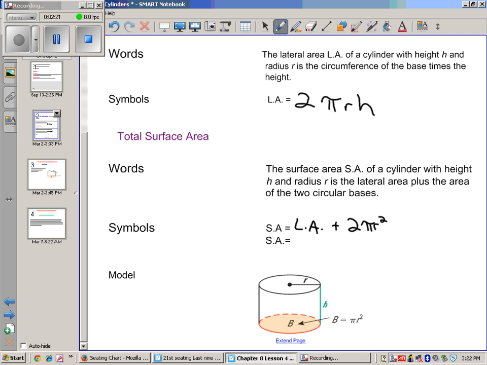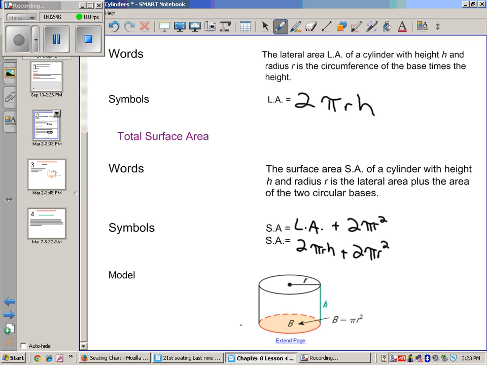Or our other option here is we have 2 pi r h plus 2 pi r squared. Same thing, just actually filling in the formula for lateral area on the second one, 2 pi r h. As you see, our base model at the bottom, the big capital B is our base. It goes pi r squared.